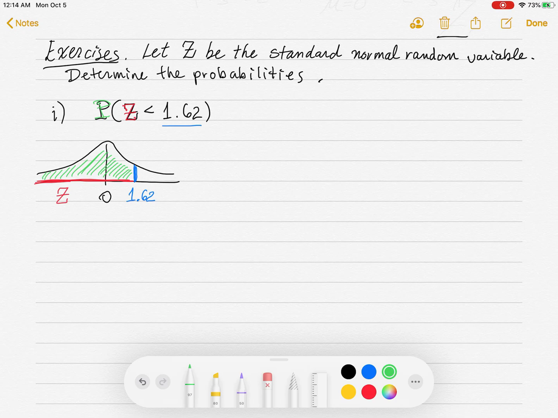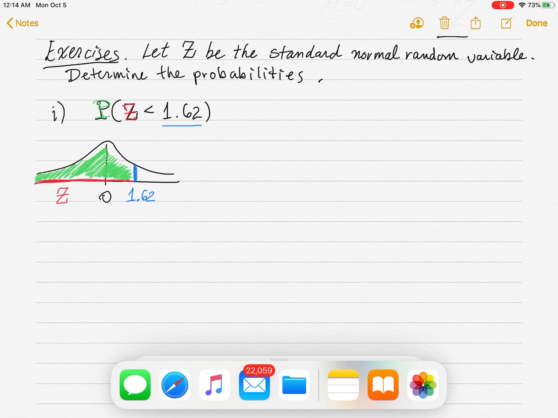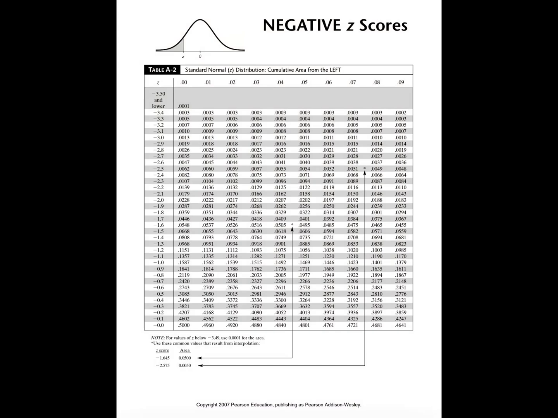To do that, all you have to do is look up the number 1.62 in your z distribution table. Your table always reads from the left tail, so the area is always coming from the left. When I look up the number 1.62, it's going to calculate the area to the left of that number. So in this case, it's going to be to the left of 1.62.